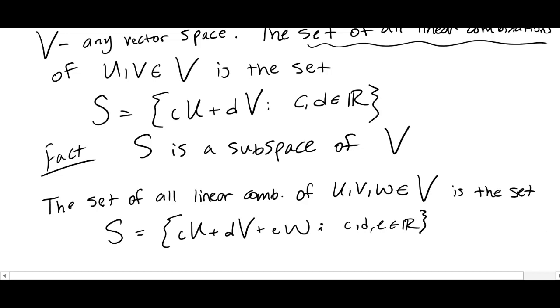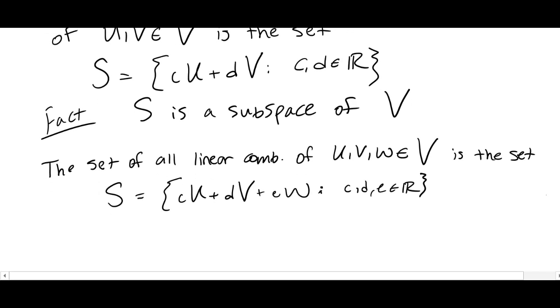So same thing, just with three vectors now, that's still a subspace. For the same reason. So in general, the set of all linear combinations of any set of vectors is always a subspace.